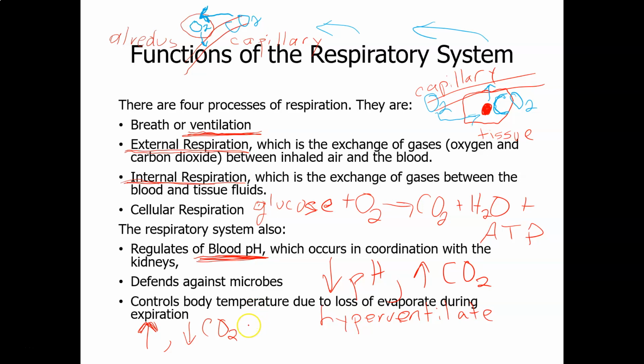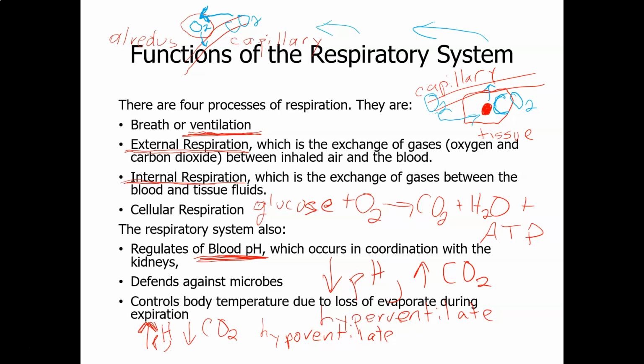So your blood pH is too high. Sorry, I didn't write pH. So what you're going to do then is breathe a lot slower and more shallow. And that's going to hold carbon dioxide in, and that's called hypoventilate. So that's one way that your respiratory system can regulate your blood pH.